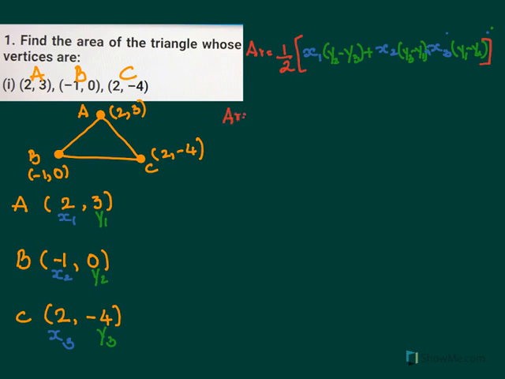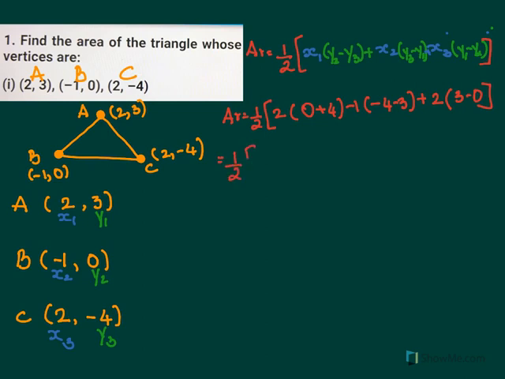So we have area equal to half. We know our x1 is 2. Then we have 0 plus 4, that is y2 minus y3. Then this is minus 1. y3 minus y1 will be minus 4 minus 3. Then we have x3, which is 2. It is just substitution, and 3 minus 0. Now we continue.